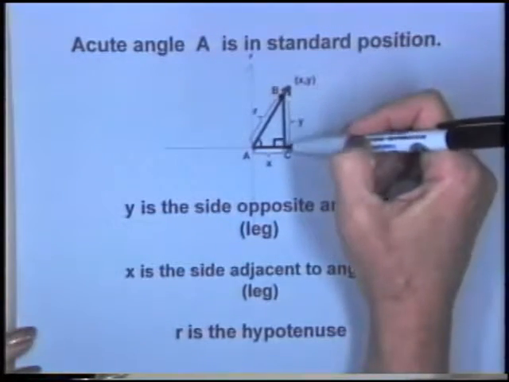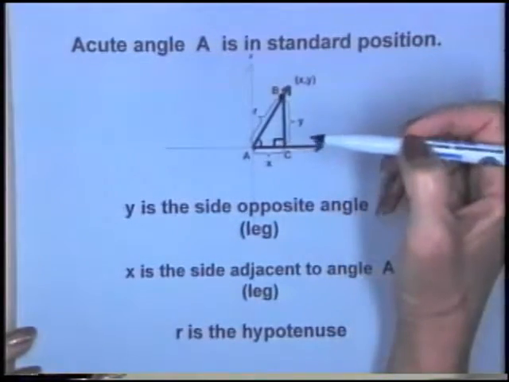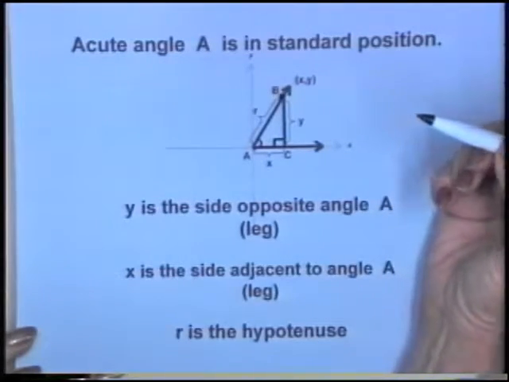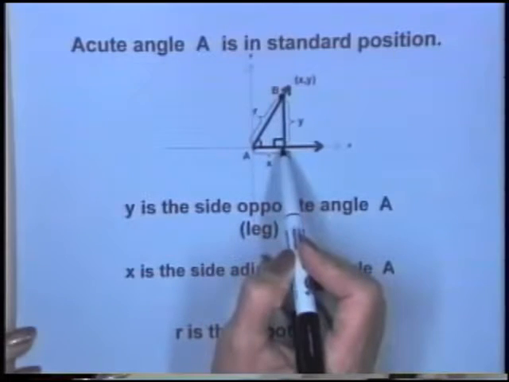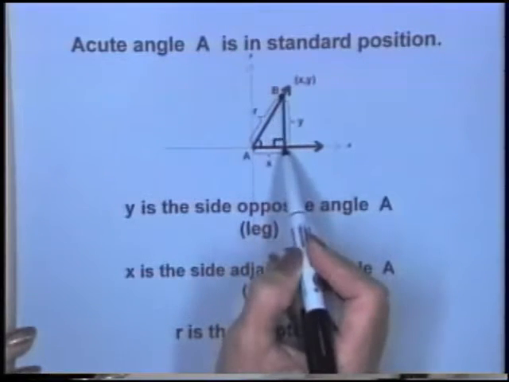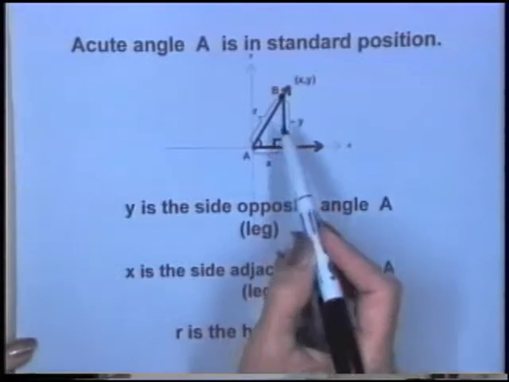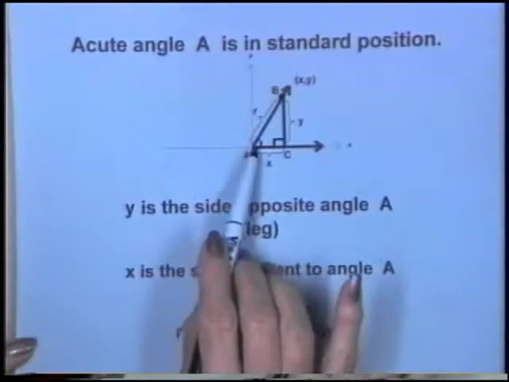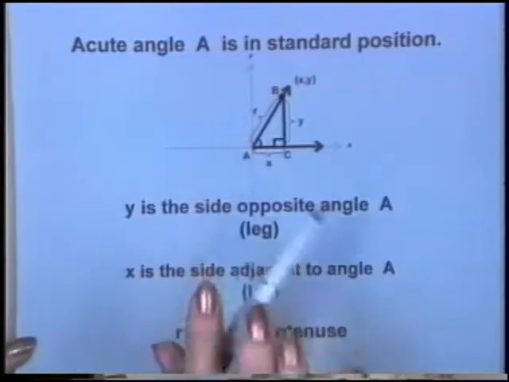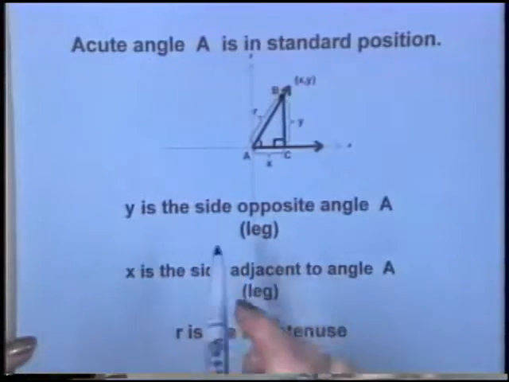We call the other two sides of a right triangle the legs, and so if you will notice, y is the length of the side that is opposite angle A, and of course it is a leg.